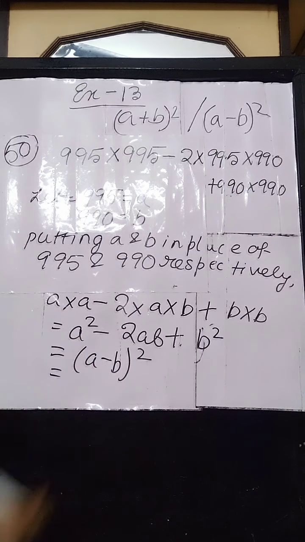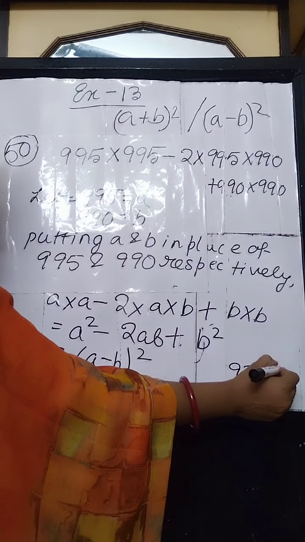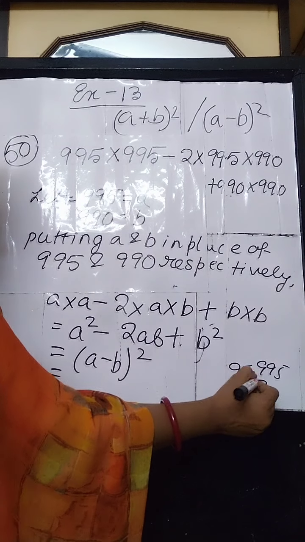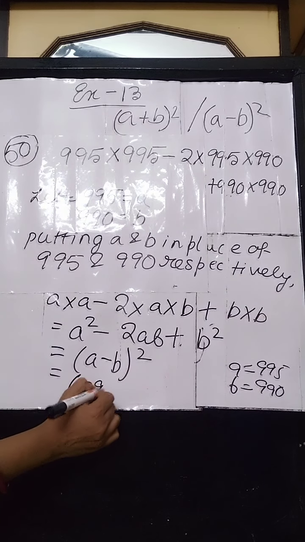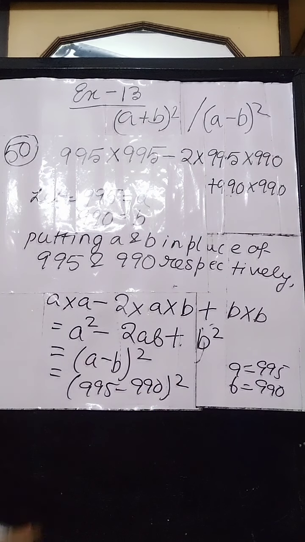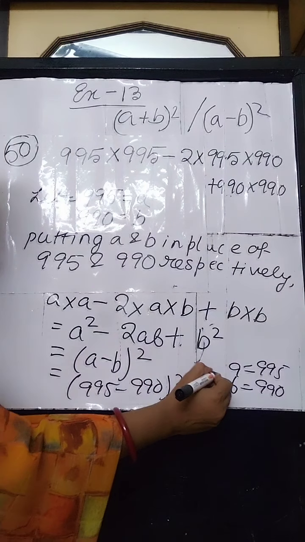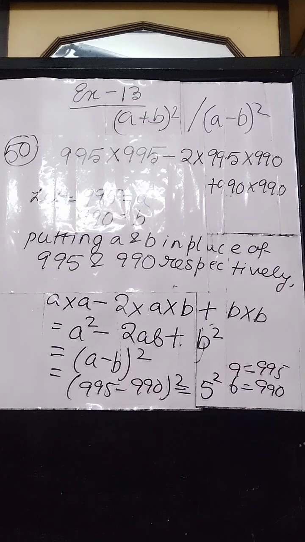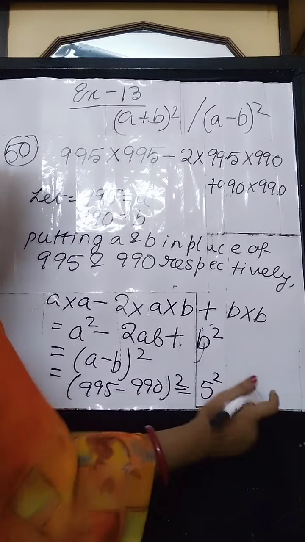A is 995 and B is 990. So we place (995 minus 990) whole square, which is 5 square. Now 5 square means 25. So 25 is the answer of sum number 50.